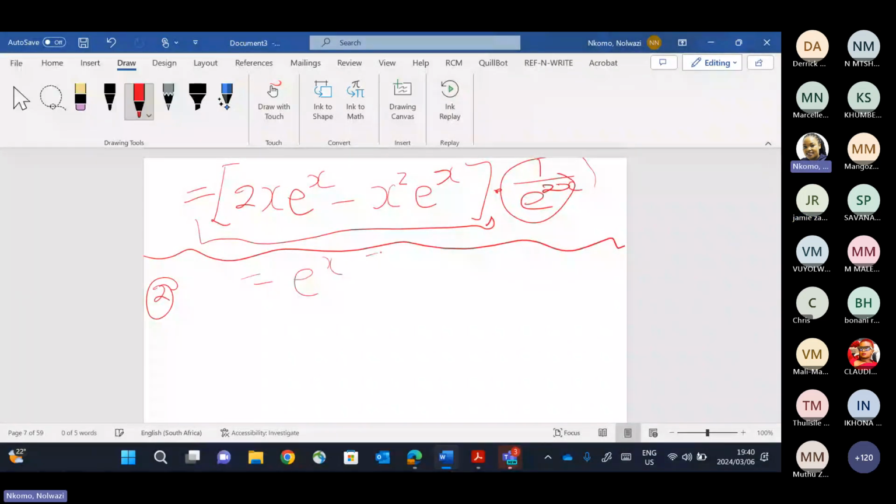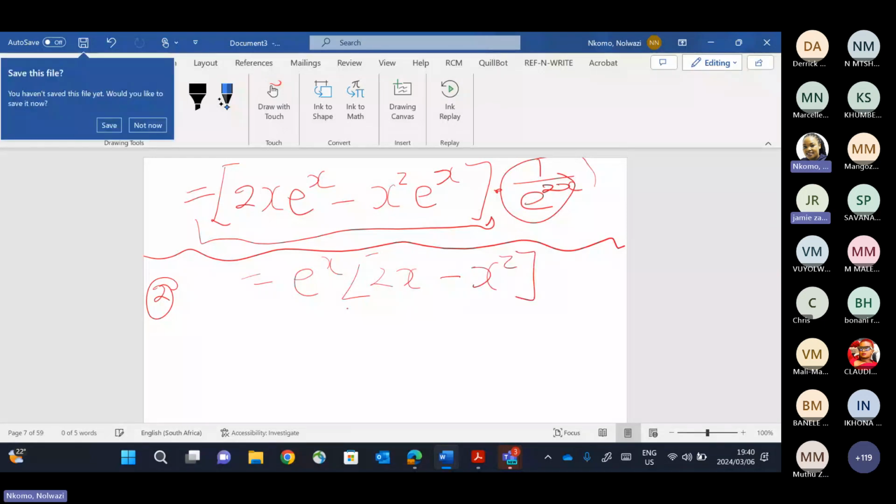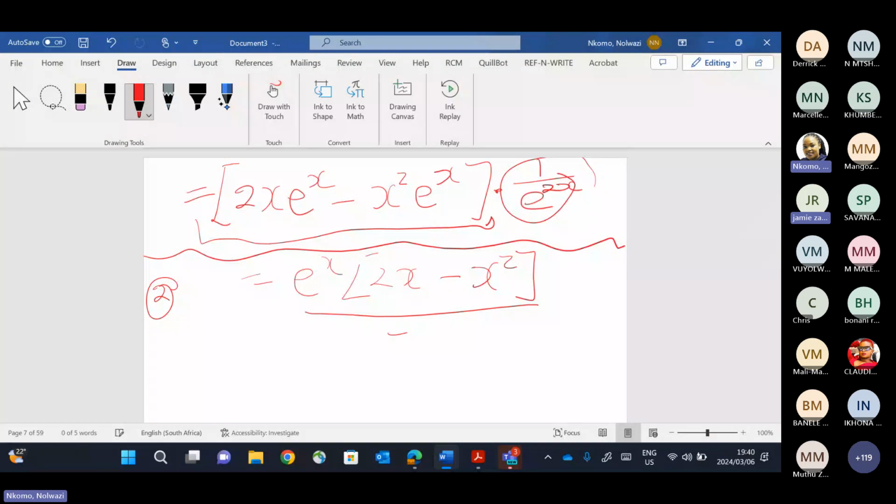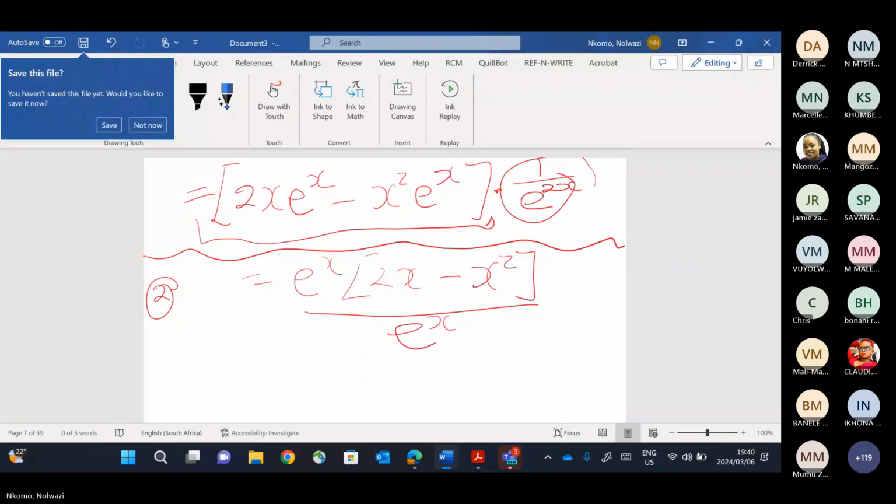Yes, you can take this out and have 2x minus x squared over e to the x. Yes, you can leave it like this. I don't think I'll simplify it further, but this is still correct.